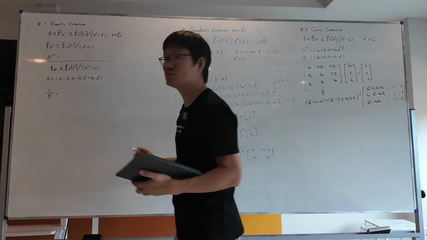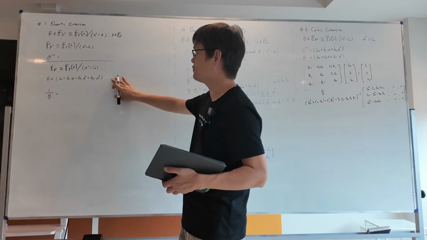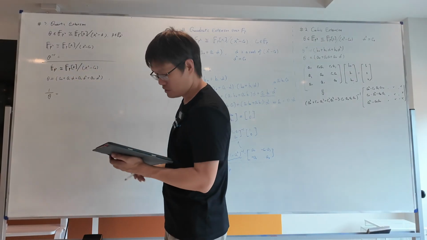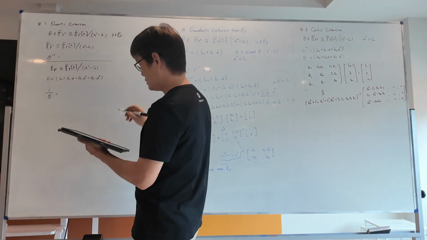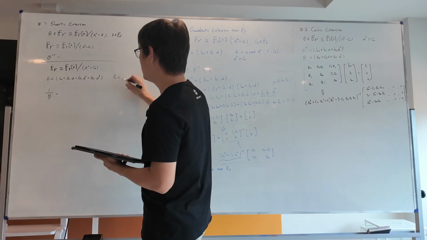Here we introduce an auxiliary element from the extension field, which we call zeta.